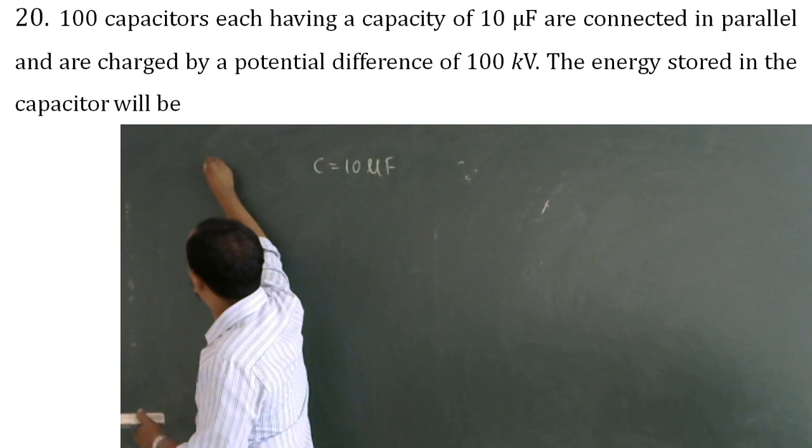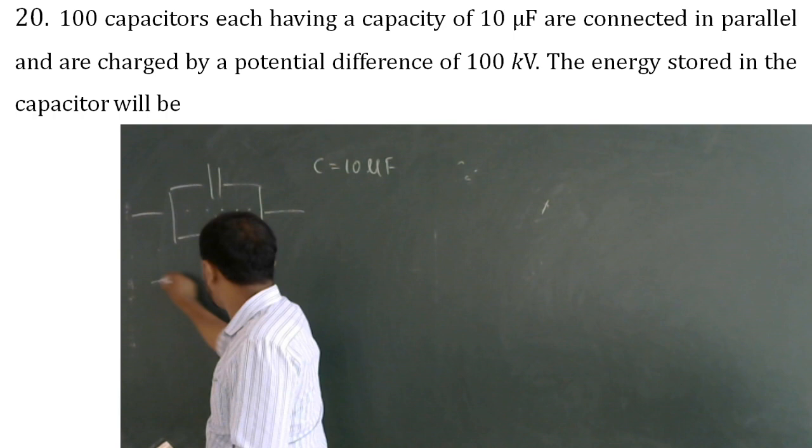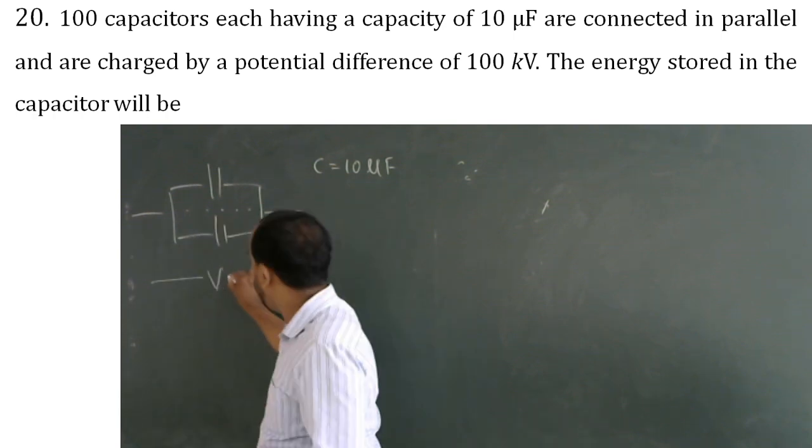The potential difference, which I will represent as V, will be equal to 100 kilovolt. Now we need to find the total energy stored.